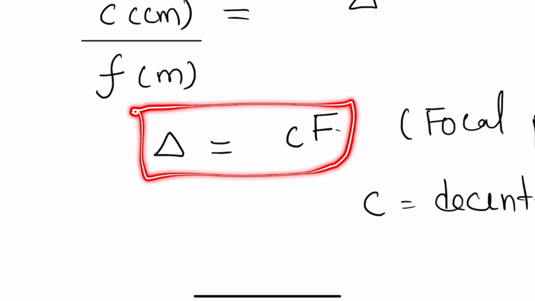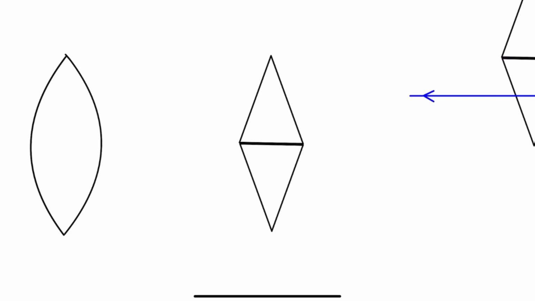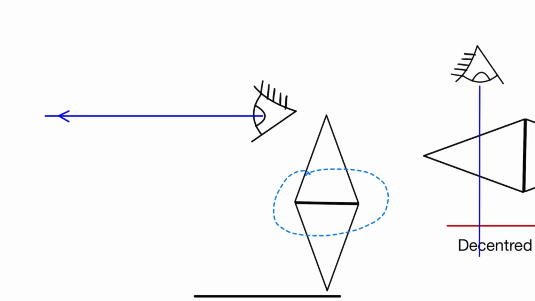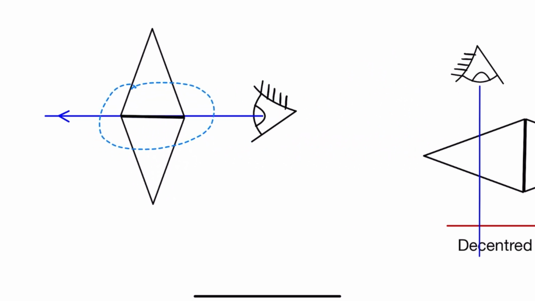But what will be the base direction? Prism base direction with decentration depends upon two factors: one is the direction of the decentration and the other is whether the lens is convex or concave. A plus lens can be considered as a combination of base to base prisms, which cause convergence. Suppose you have a plus lens perfectly centered on the cornea, meaning the optic center matches the patient's visual axis.